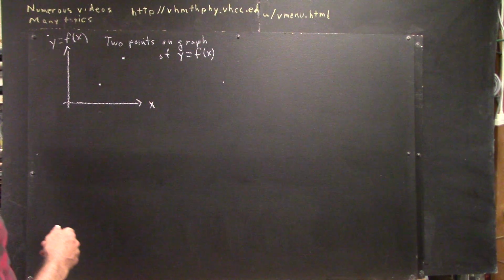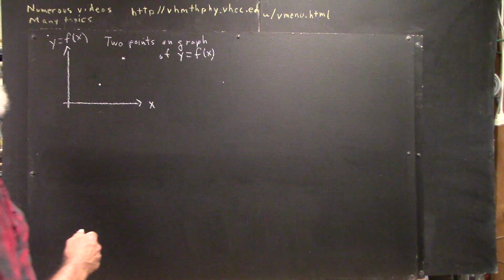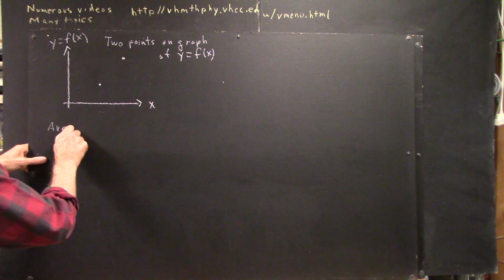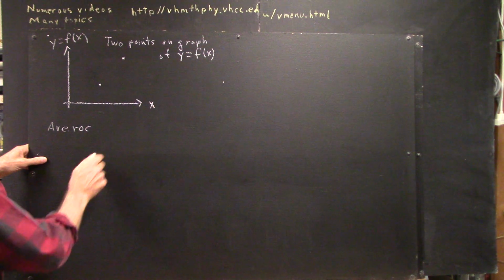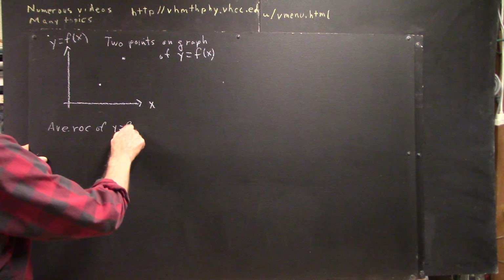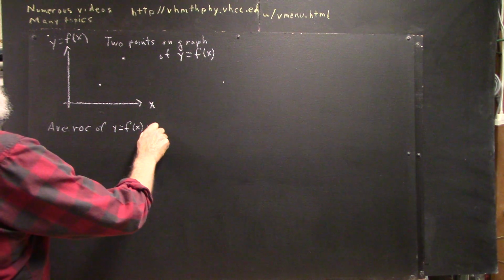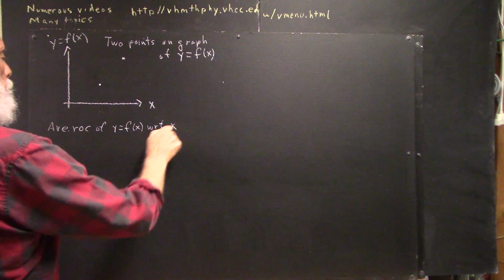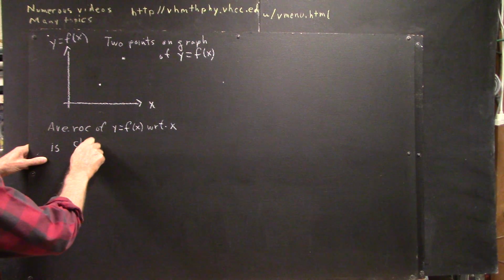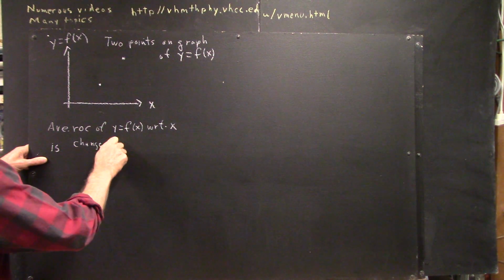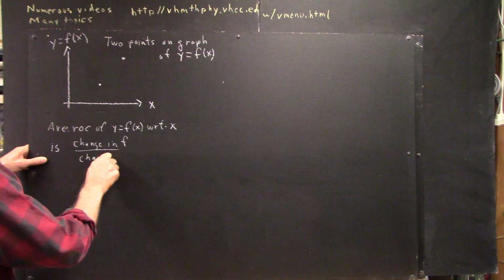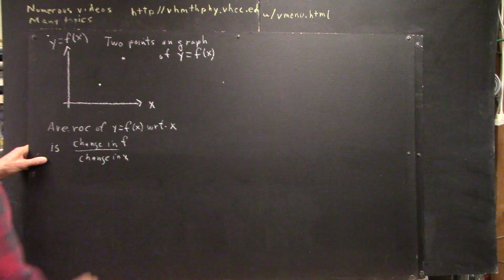Okay, well, then let's see, I'll say the average rate of change of y equals f of x with respect to x is change in f divided by change in x.